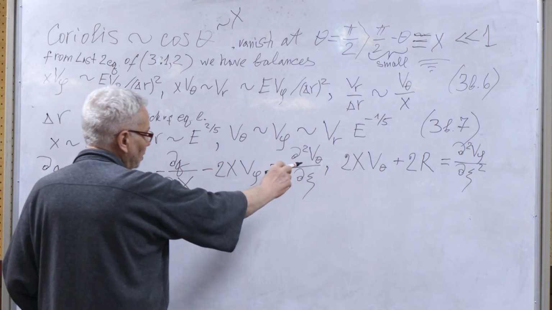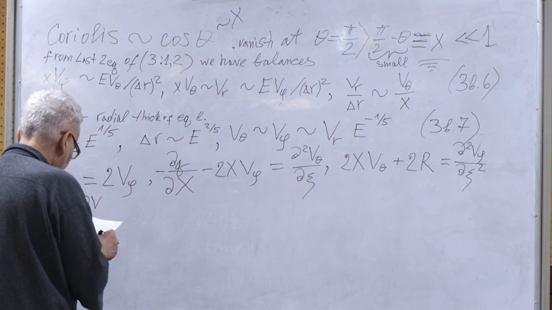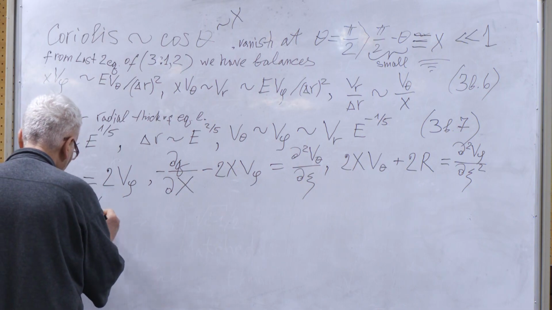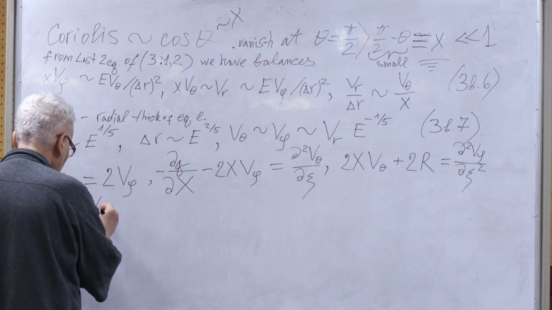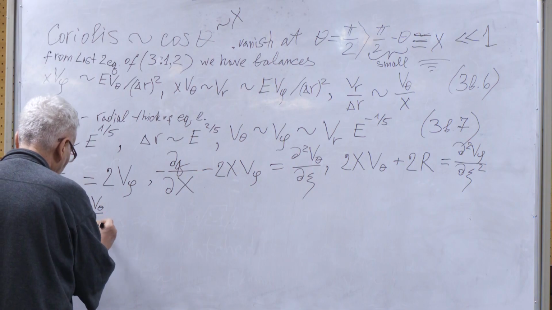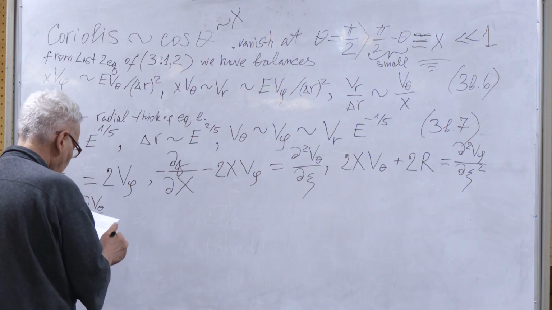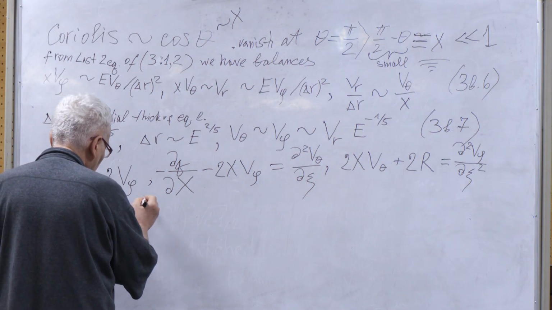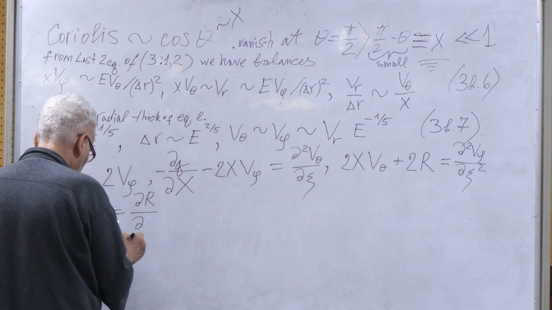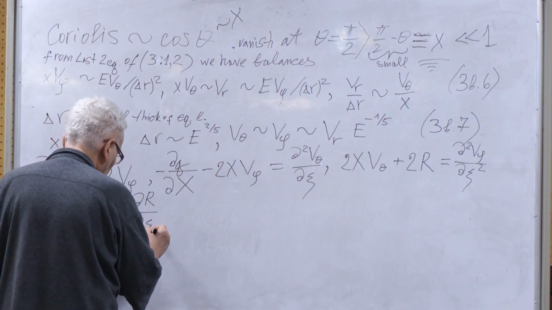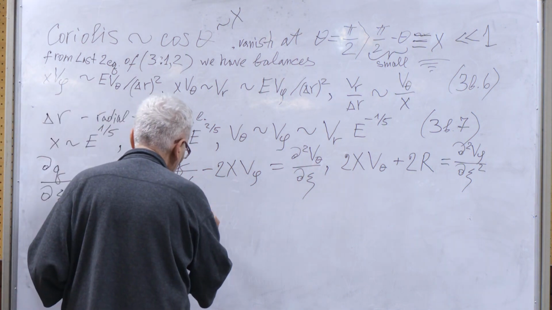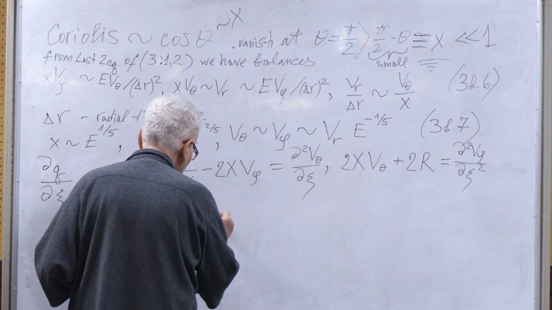These first three come from the Navier-Stokes equation, and this one is from the divergence condition. Okay, this constitutes the system 3b8.